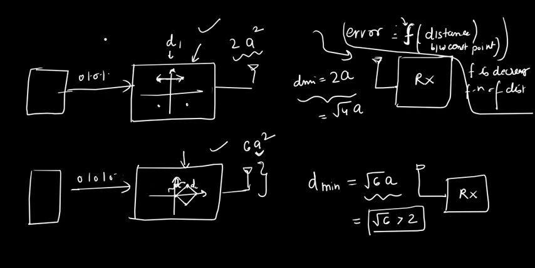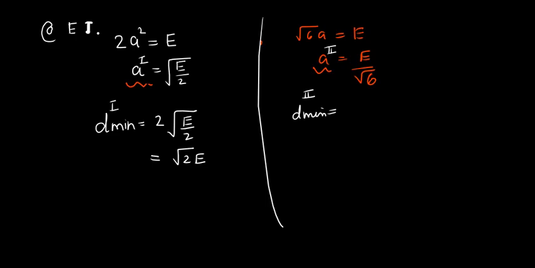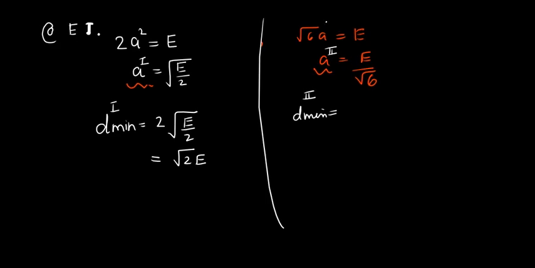Two A square, 6 A square. So for the second case you need to make A as root E by 6.